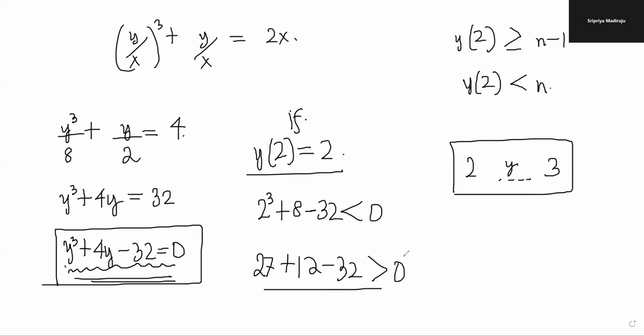Oh, wait. I thought the answer is 3. We just have to find the output of y when x is 2. Are you getting this equation when x is 2?